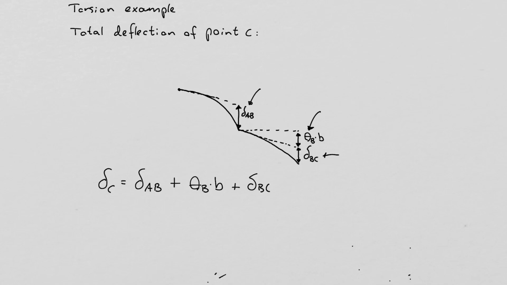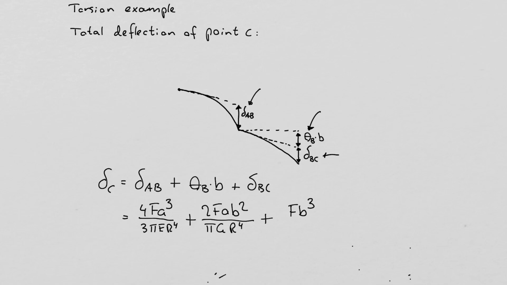So putting all these quantities together, we finally get 4 F A^3 divided by 3 pi E R^4, plus 2 F A B^2 divided by pi G R^4, and then the final contribution F B^3 over 3 E R^4.